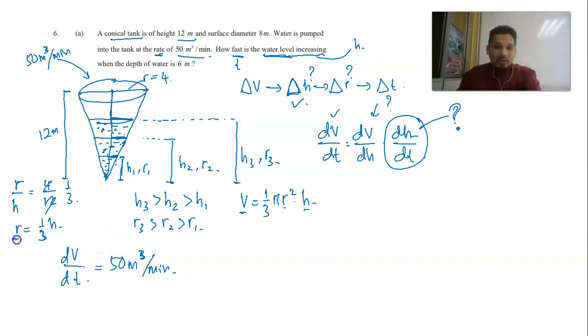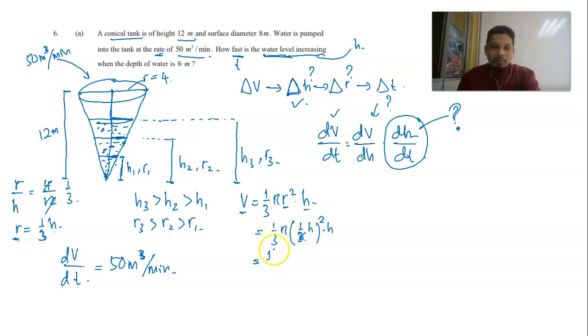Class, we are going to substitute this equation r equals 1/3 h into the r. So then pi times (1/3 h) squared multiplied with h, and 3 squared equals 9, so (1/3) squared equals 1/9.